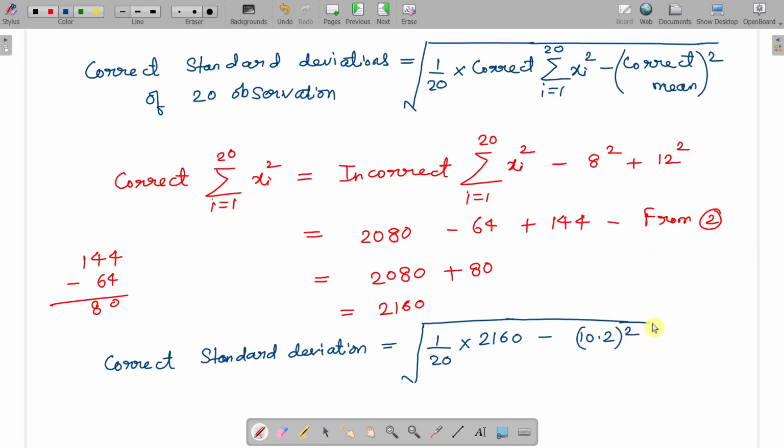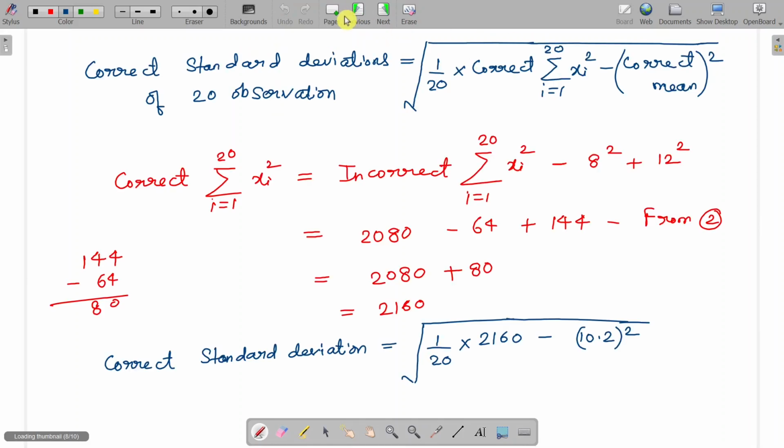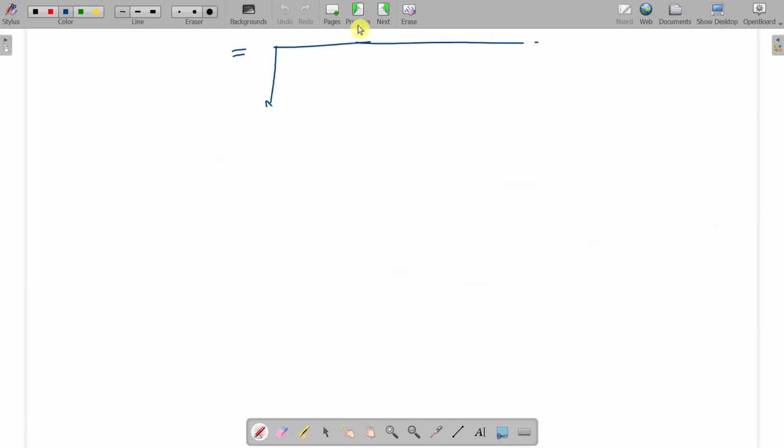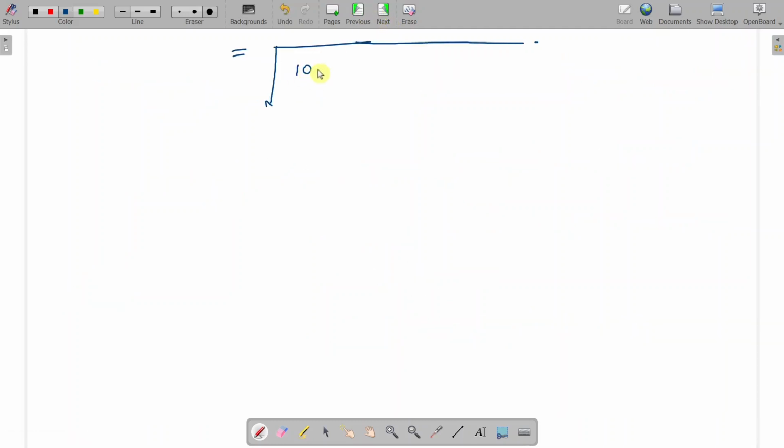Okay, so that means you will get root of 2160 divided by 20, which will be what? So these zeros will get cancelled, and we get 108, minus 10.2 square. So let us find out 10.2 square.